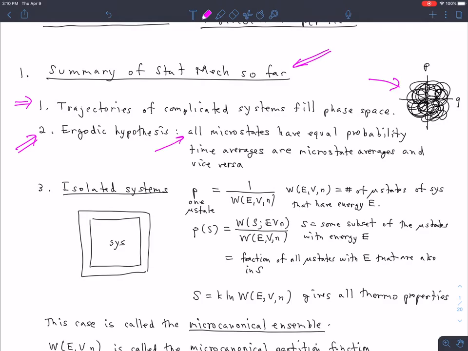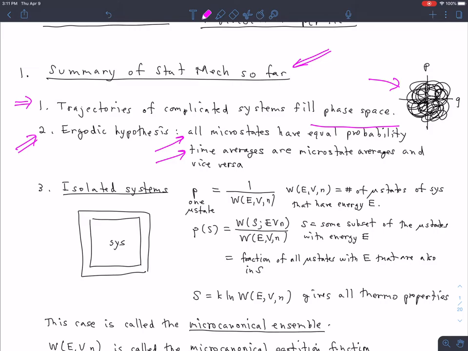One is that all the possible microstates of the system have equal probability, whether those microstates are classical microstates, P's and Q's, momenta and positions, or whether they're quantum microstates, spins or energy states or whatever. The ergodic hypothesis says they all have equal probability.